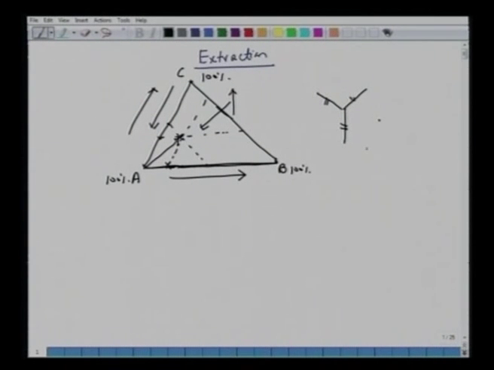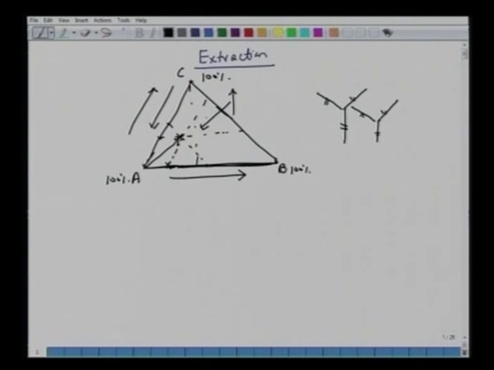If I choose a point here and draw the three perpendiculars on the three sides, the sum of the three will also be constant, same as the altitude, C to AB or A to BC or B to AC, etc. So making use of this property, one has this equilateral graph for the extraction system.